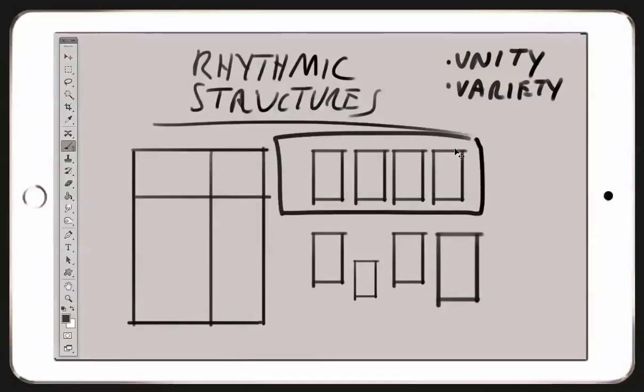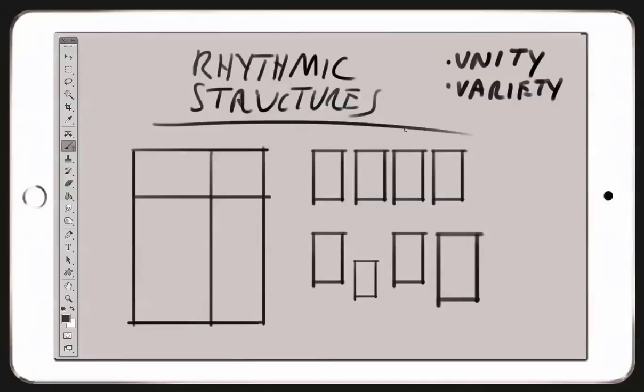There is unity because all of the shapes look the same. All of the values are the same. This value in here is a light value, which is the same as that one, and that one. So you could say this has a oneness to it. One kind of shape, one kind of value. Unity refers to oneness.